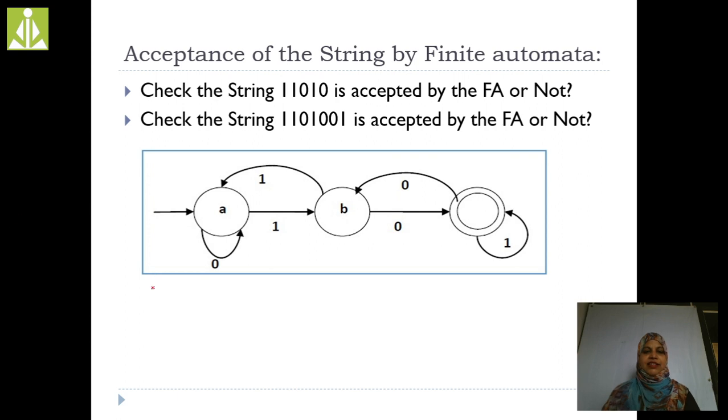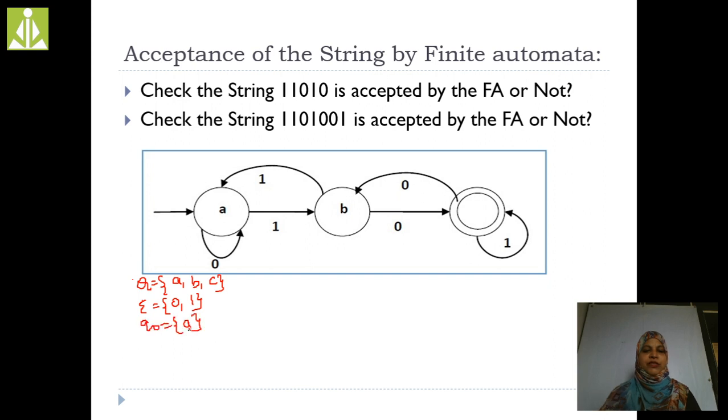What is my Q? My Q is A, B, C. What is my input symbol? Sigma is 0, 1. What is my initial state? Q naught is A.